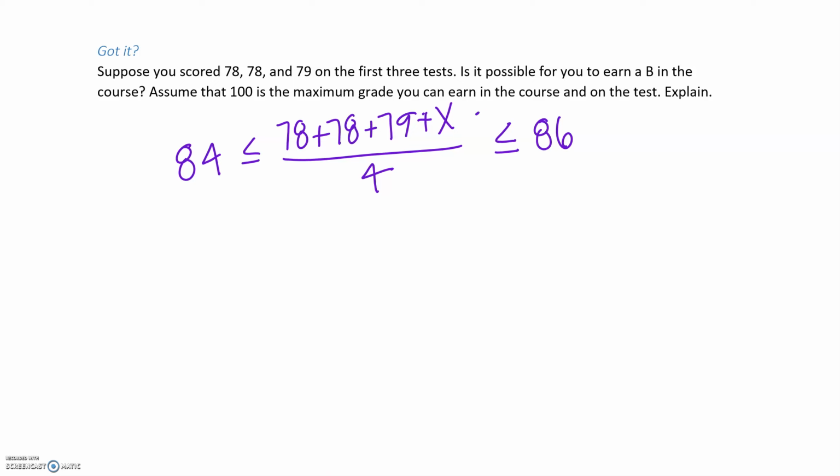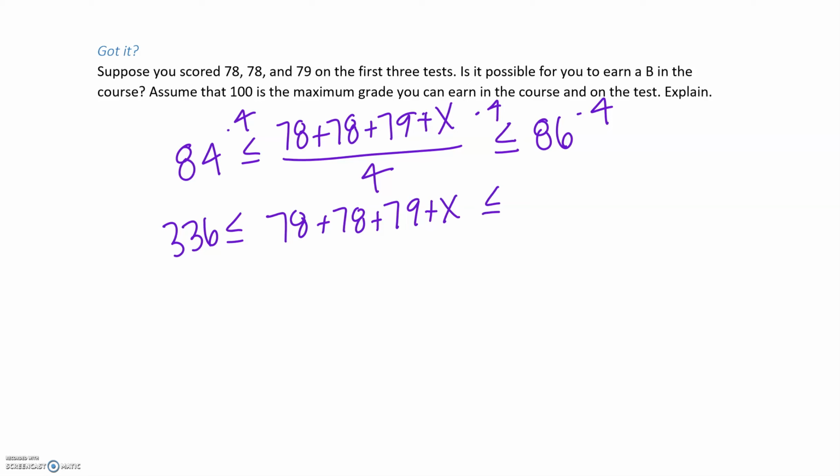So when we multiply all 3 by 4, that gives us 336 is less than or equal to 78 plus 78 plus 79 plus x is less than or equal to 344.